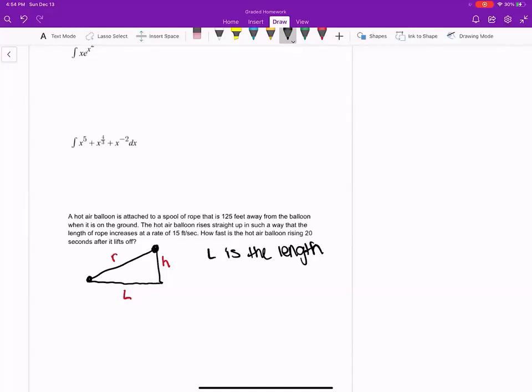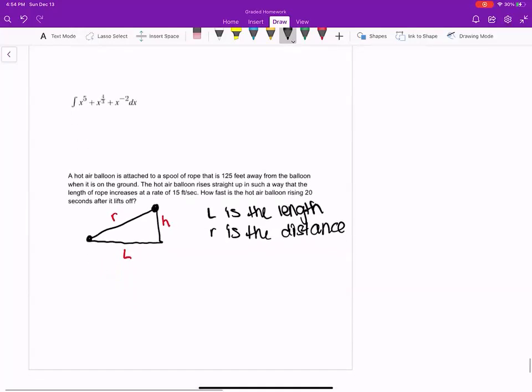So L is the length. R is the... I'm trying to follow the format again of how she did it, where you first write your given. So H is height, H is the height of the balloon. So now let's write down the numerical information we have.